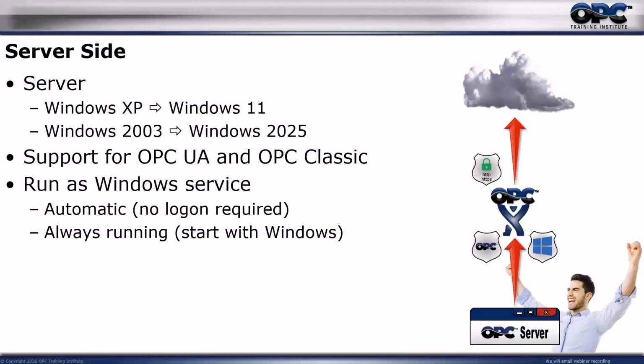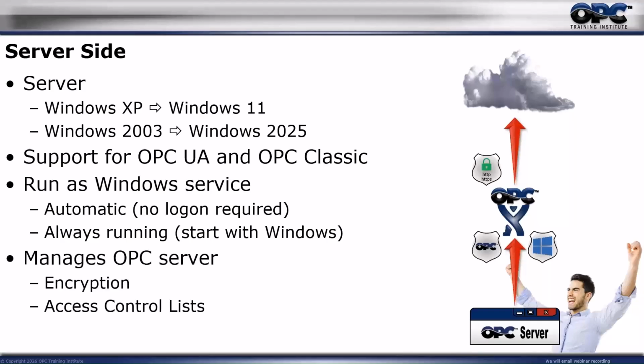Again, I'll show you examples of that in a little bit. And nobody needs to log on. So it just provides you data as soon as the computer turns on. And it manages all OPC connections, the encryption, the access control list. So that's done from here down. And that's done directly via OPC security, Windows security, whatever form of security is being used.